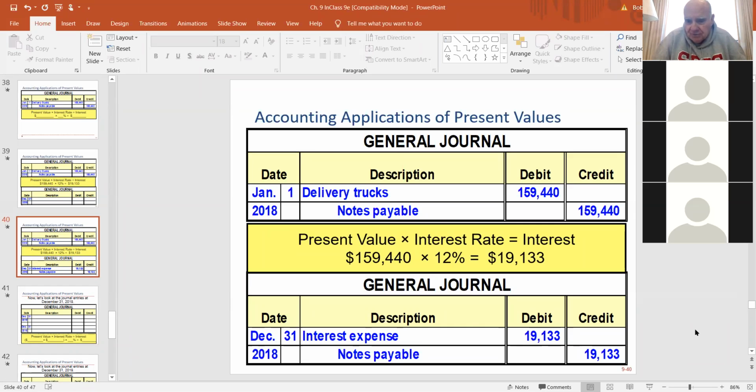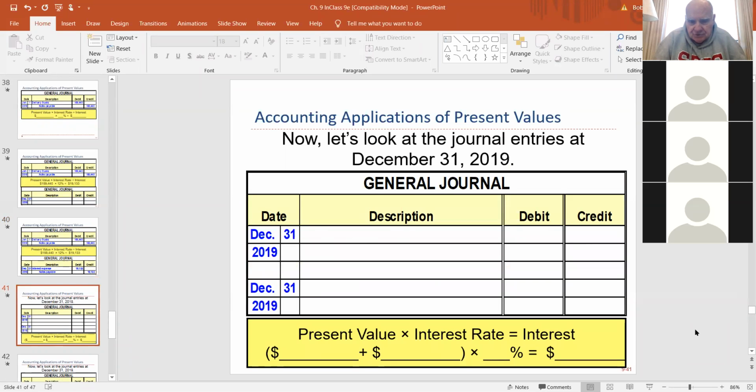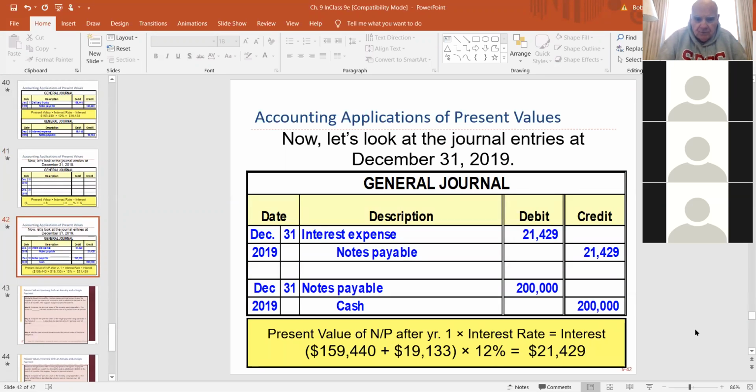So we're going to go to the next year. Take a look. We started off with a note payable of $159,440, which was the present value of $200,000, two years at 12%. After one year, we layered on $19,133. So we add those up and we get $178,473 times 12% equals a debit.